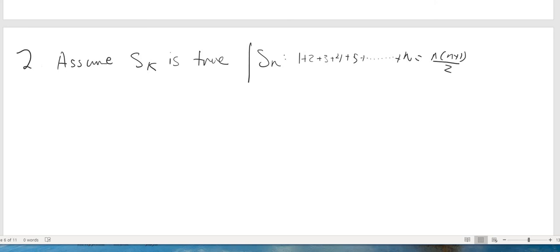So now, if you put a k there, what does it look like? So sk: 1, 2, 3, 4, 5, up to k, equals k times k plus 1 over 2.